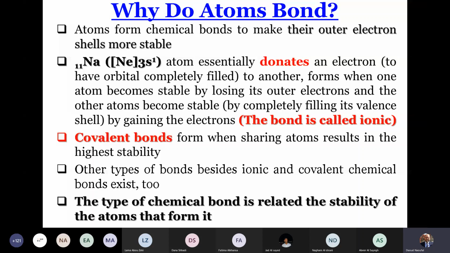So it's not 100% ionic, nor 100% covalent. It has a percent of ionic character and covalent character at the same time. We have to calculate in the next slides the percent of covalent and ionic character for a polar bond.